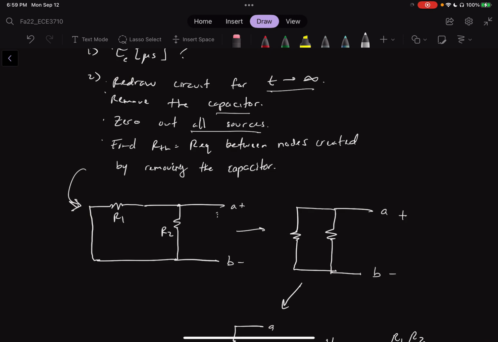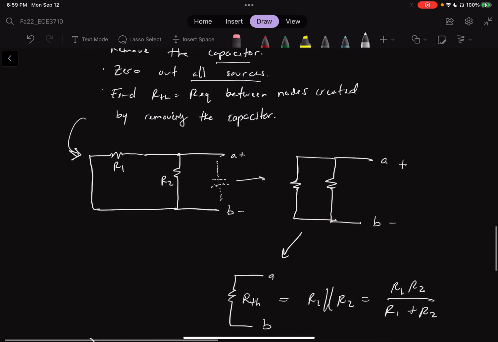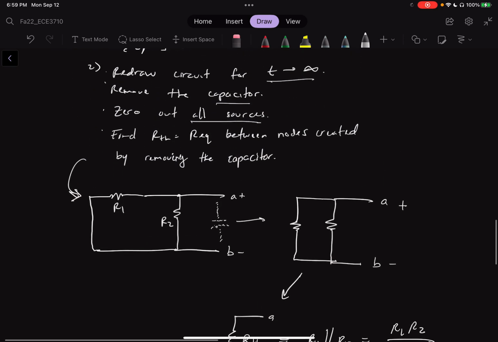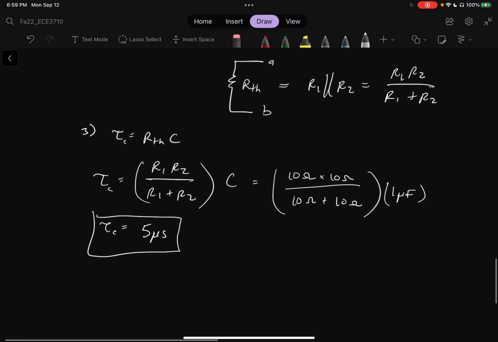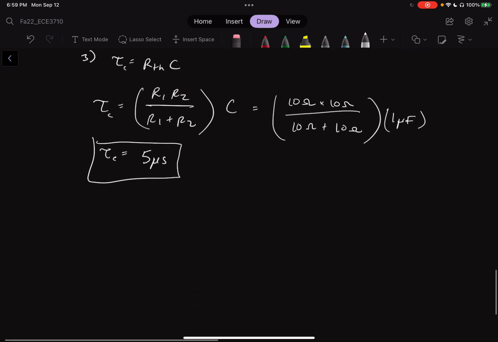The capacitor would have been here, but it's not anymore, right? And the voltage source became a wire. So if you simplify the circuit, you get R Thevenin equal to R1 parallel R2, and tau C is R Thevenin times C.